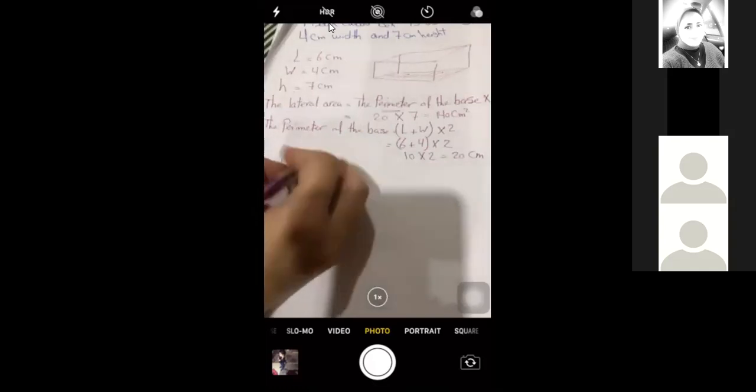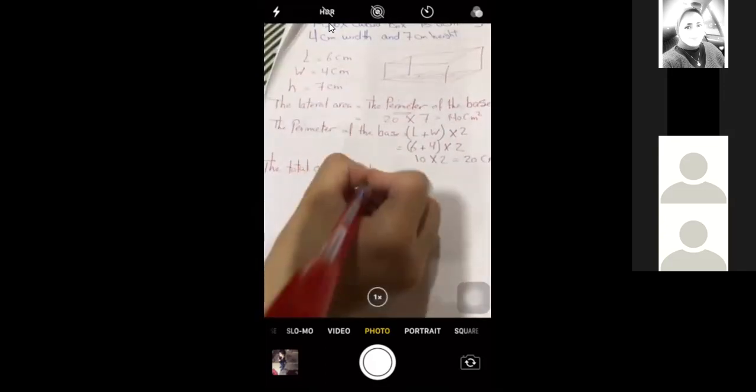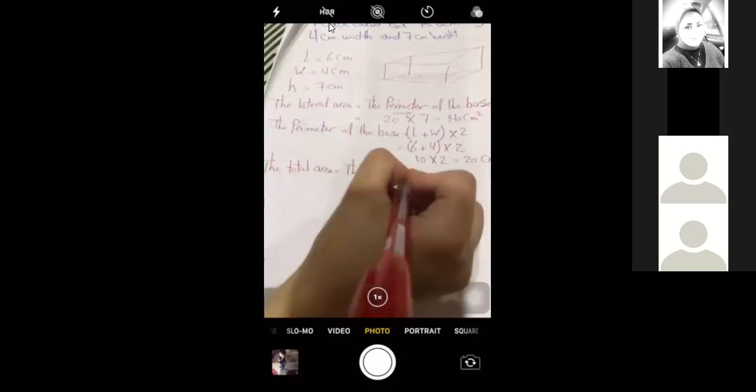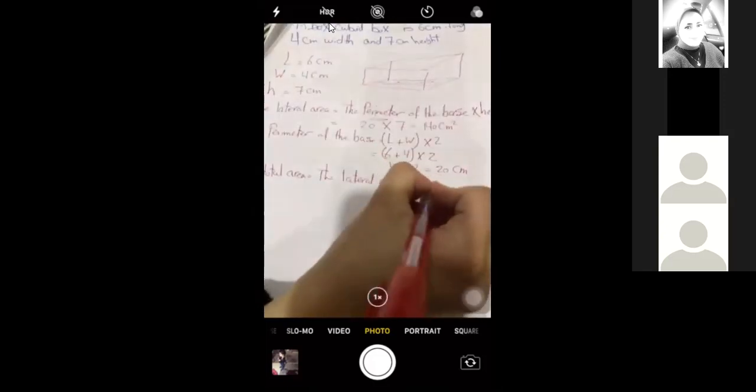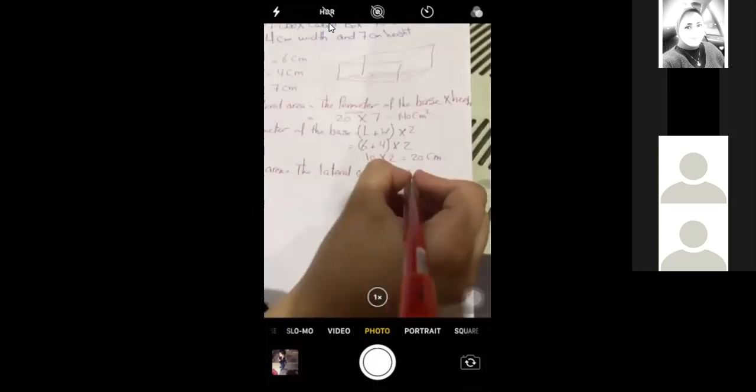Okay. The total area. To get the total area, please turn off your microphone until I ask you the questions. The total area equals the lateral area plus 2 multiply the area of the base.